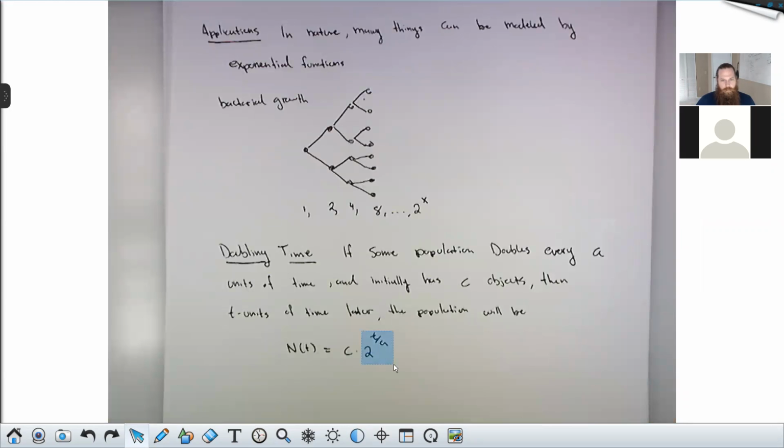Here, the 2 to the T over A, just like 2 to the X here, every time the exponent goes up by 1, you multiply by another factor of 2. So every time T goes up by A units, this exponent will go up by 1, which means we'll have another factor of 2.